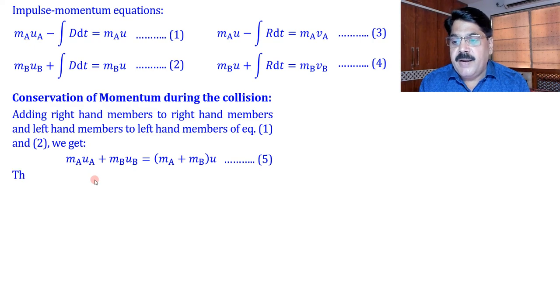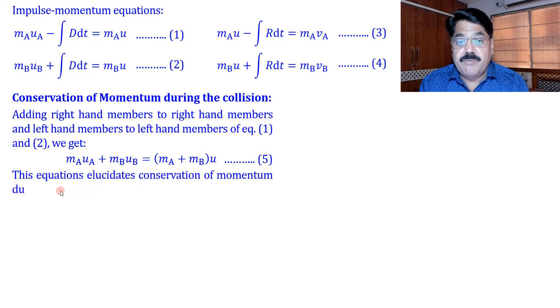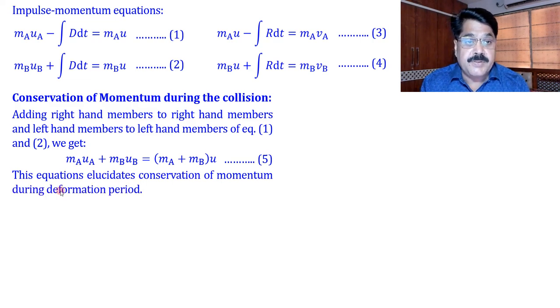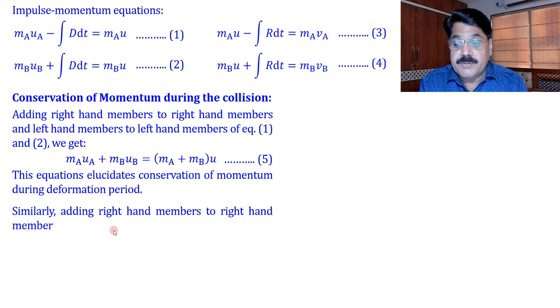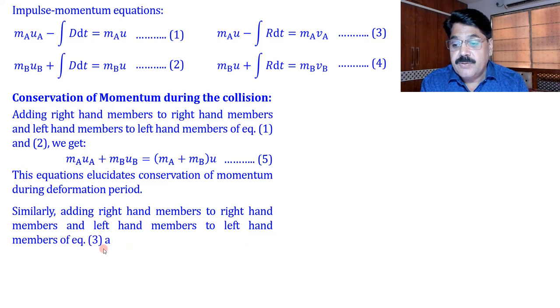Similarly, by adding the right hand and left hand members of equation 3 and 4, we can write the conservation of momentum equation for the process of restitution. So this equation, equation number 5, elucidates conservation of momentum during the deformation period. Similarly, adding right hand members to the right hand members and left hand members to the left hand members of equation 3 and 4, these two terms will cancel.